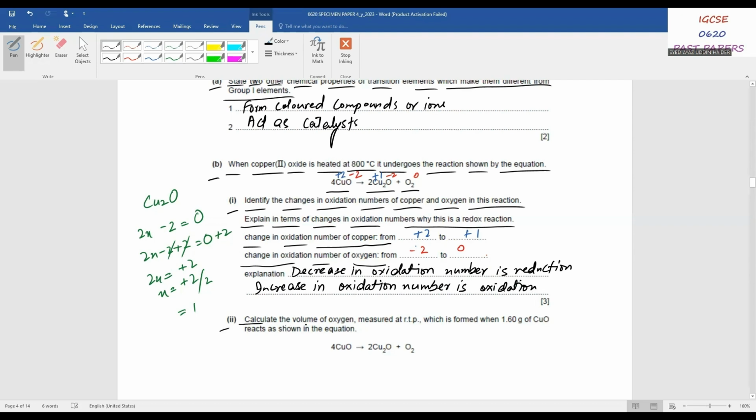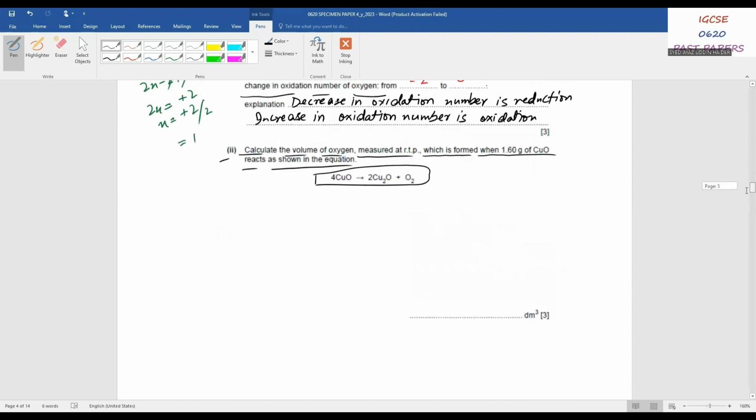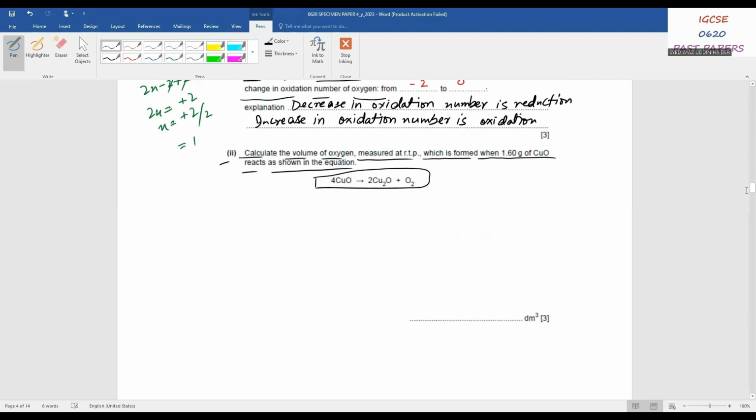Number 3, calculate the volume of oxygen measured at RTP, which is formed when 1.60 gram of CuO reacts as shown in the equation. This is the equation: 4CuO gives 2Cu2O plus O2. So what we will do, we will convert the mass of CuO into moles in order to get the moles of oxygen.